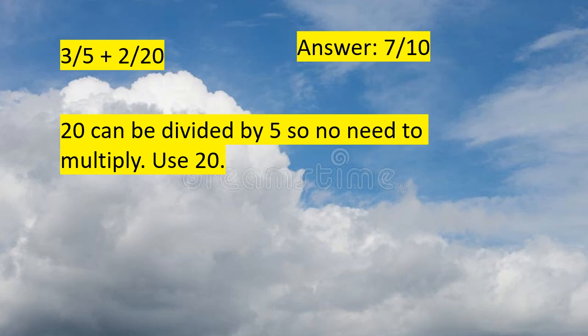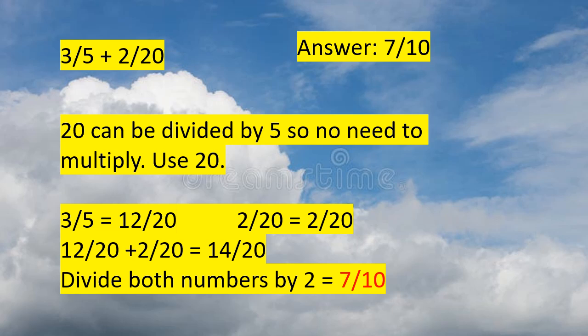We use 20. 3 by 5 equals 12 by 20. 2 by 20 equals 2 by 20. So we have 12 by 20 plus 2 by 20 equals 14 by 20. Both numbers can be divided by 2, so that 14 by 20 becomes 7 by 10, and that is the answer.